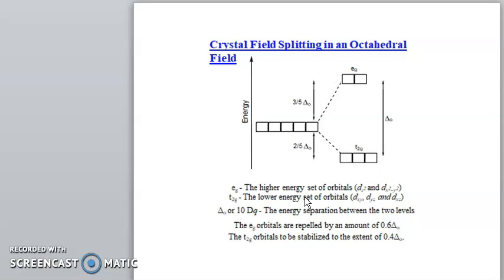We have learned in the last semester, in the first unit of your syllabus, the coordination compounds, and from this you have learned the geometries of different complexes, like octahedral, tetrahedral, square planar. So today we have to see the splitting and the filling of electrons in an octahedral field.